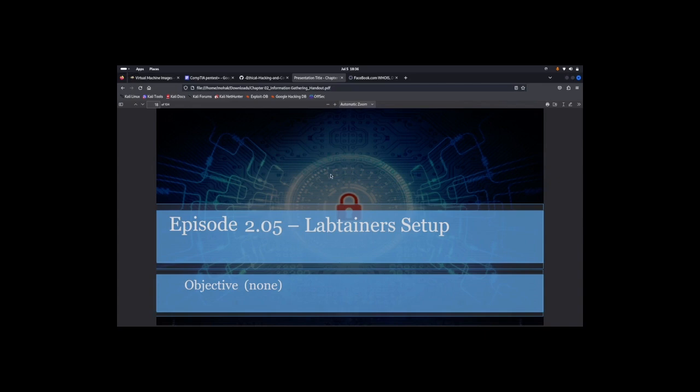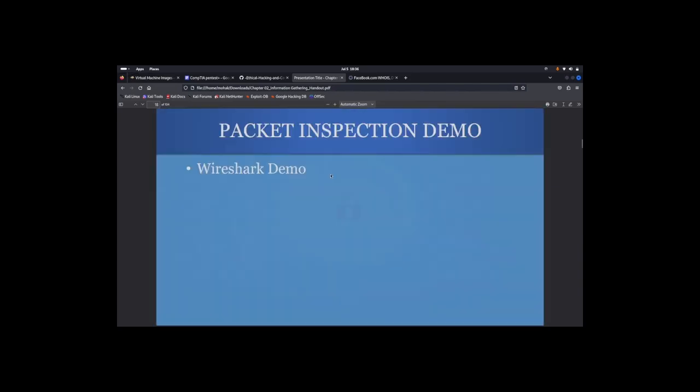So if I solve it, I'm definitely going to do the lab trainers. But yeah, Wireshark is a pretty good tool. Maybe if I'm not able to do any projects or labs, I'm definitely making a video on using Wireshark tomorrow or the day after.